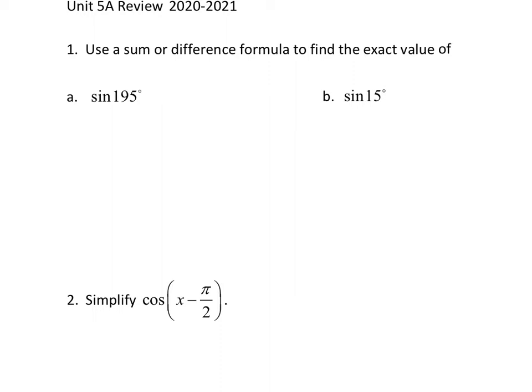Our goal is to find an addition or subtraction of 2 unit circle rotations that add or subtract to be 195. So my suggestion would be, I'm going to list a couple of them and then work through one of them.